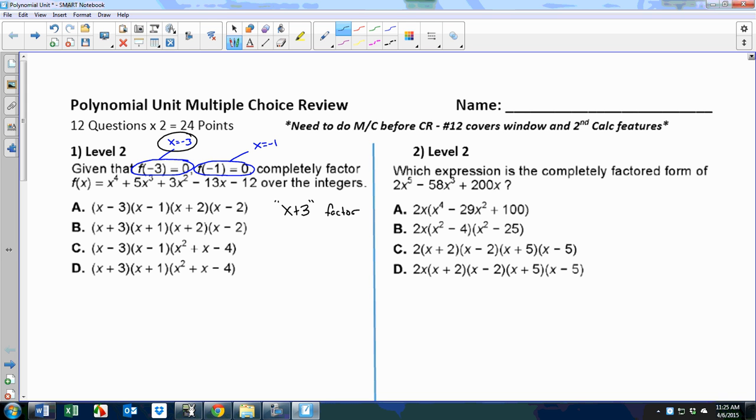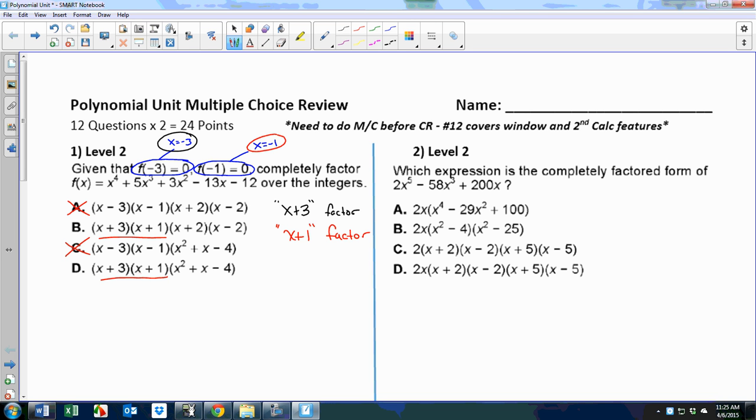Kind of think of it this way: x plus 3, if I set that equal to 0, I would subtract 3 and the answer would be -3. If x equals -1 is a 0, then x plus 1 is a factor. So for the multiple choice problem, we know that the answer has to include those, so it can't be A or C because they don't include those two factors.